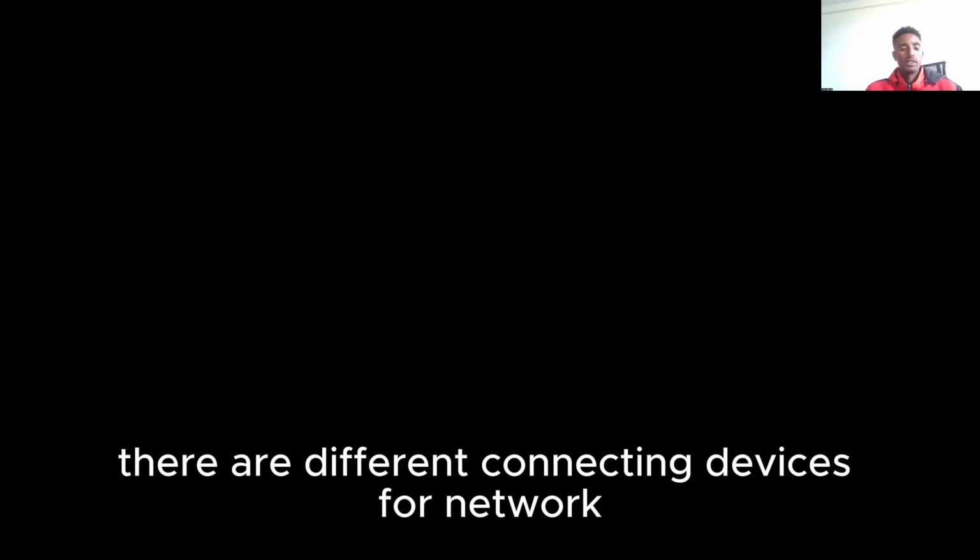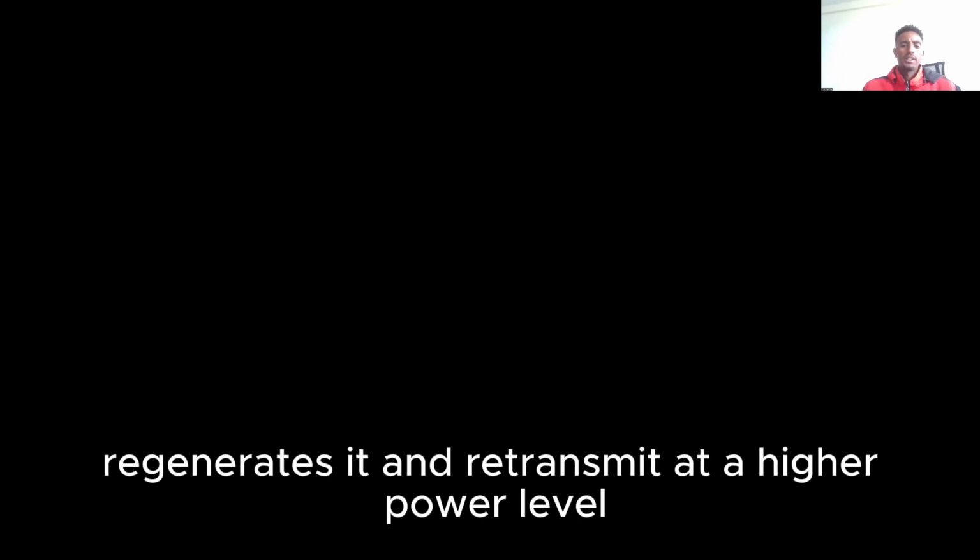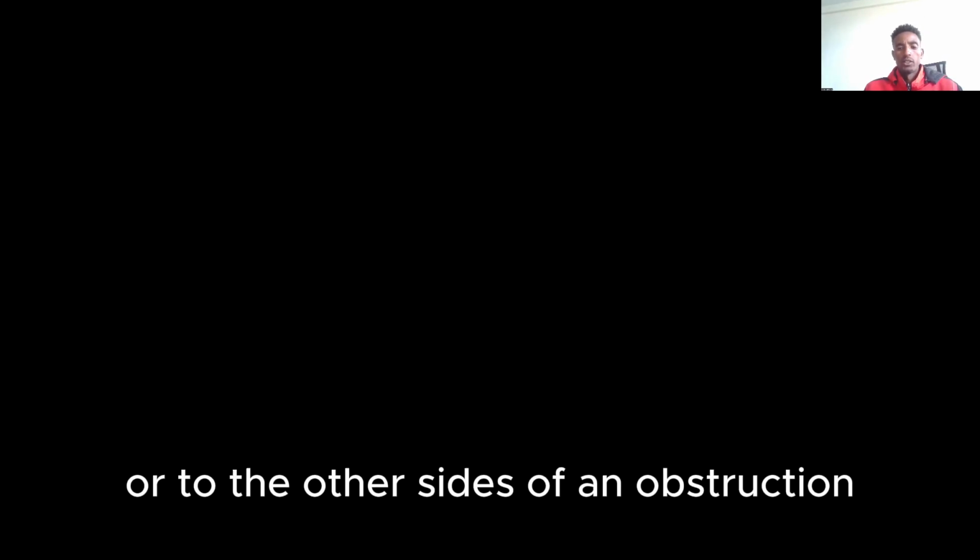There are different connecting devices for networks, for example, repeater, hub, bridge, switch, router, gateway, etc. A repeater is an electronic device that receives a signal, cleans it of unnecessary noise, regenerates it, and retransmits it at a higher power level or to the other side of an obstruction, so that the signal can cover a large distance without degradation.